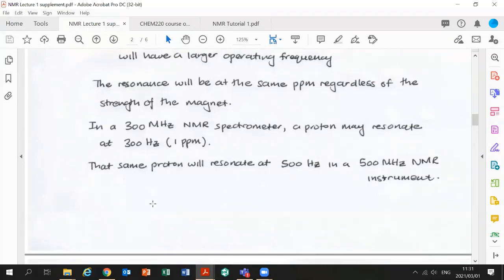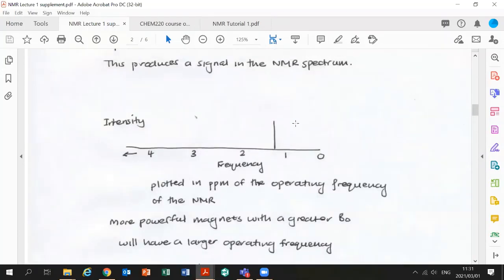As I said, we're not going to go too much into that, but just to let you know that that is how a signal comes about in NMR spectroscopy. So to just recap, we go from the alpha state to the beta state and measure that energy, and that energy that we ultimately measure as a function of frequency is plotted in this NMR spectrum that you see here.